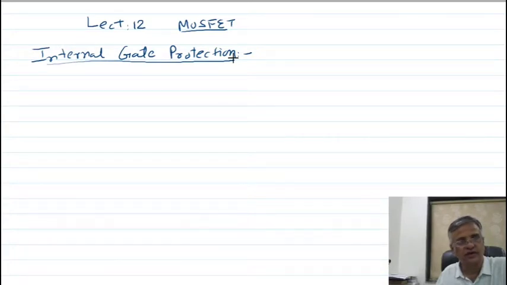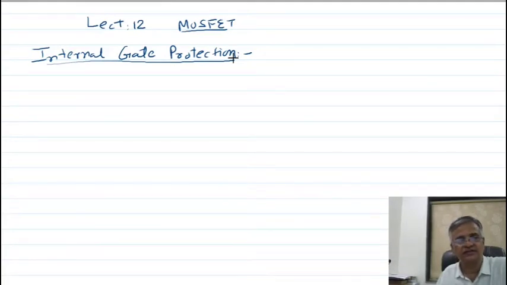To avoid such problems, we have listed some precautions. These precautions make the MOSFET a very awkward device compared to other transistors.